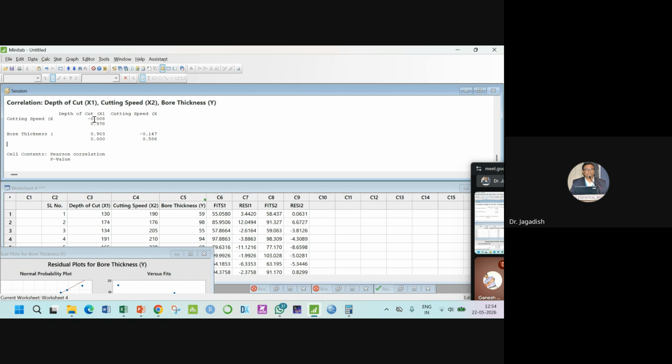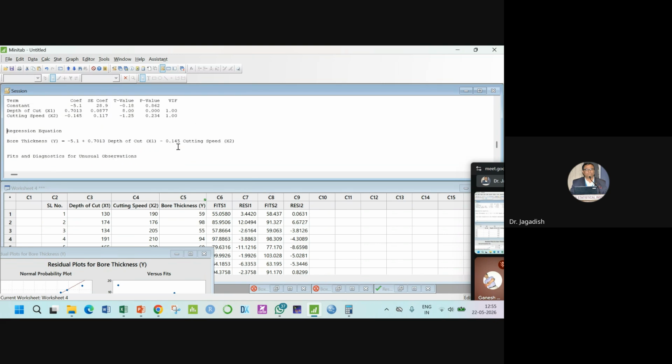The depth of cut versus bore thickness is 0.907, and the cutting speed versus bore thickness is minus 0.147.